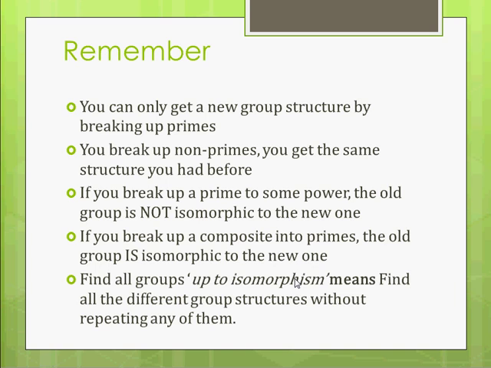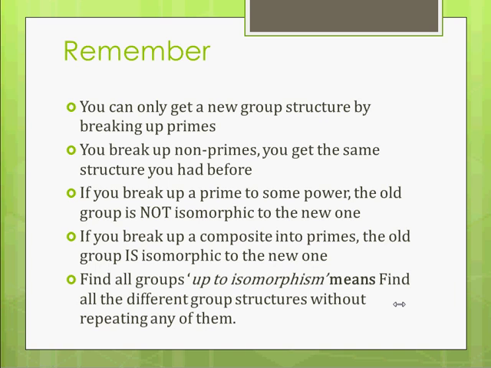My understanding is that isomorphic means the same structure, or basically identical for all intents and purposes. And this phrase, find all groups up to isomorphism, means basically find all the different structures. Don't repeat any of them, but find all the different structures such that any other group is going to be isomorphic to one of those structures.